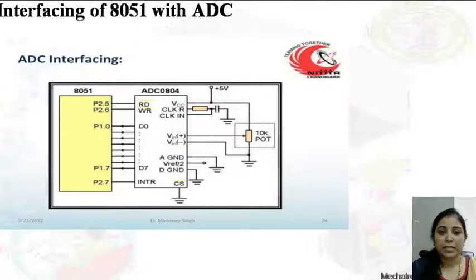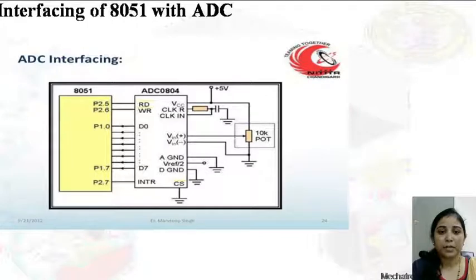P1.0 is connected to D0, similarly P1.1 is connected to D1, and so on up to P1.7 connected to D7. So all 8 pins of port 1 of the 8051 microcontroller are connected to the data pins of ADC 0804.